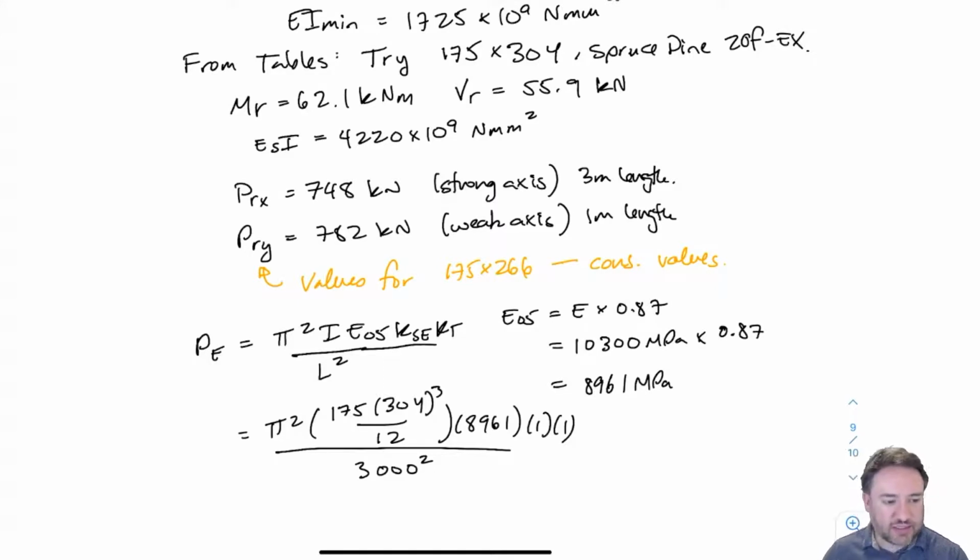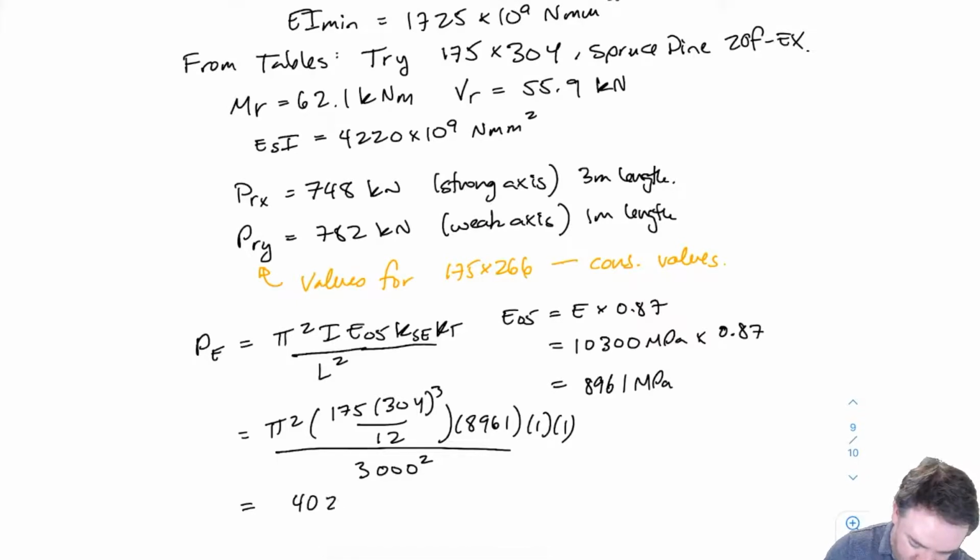And in the strong axis direction, the effective length is the total length of the beam. In the weak axis direction, the out of plane direction, remember, the column is restrained at the points of the window mullions. So then the LE would be only 1,000. So I do this, and I get 4,026 kilonewtons.